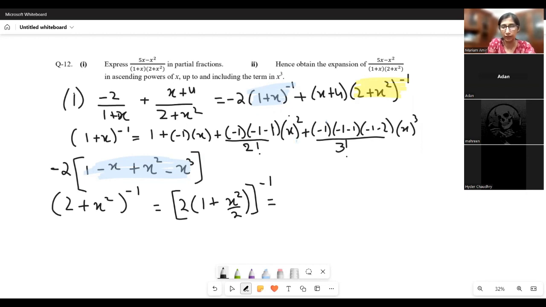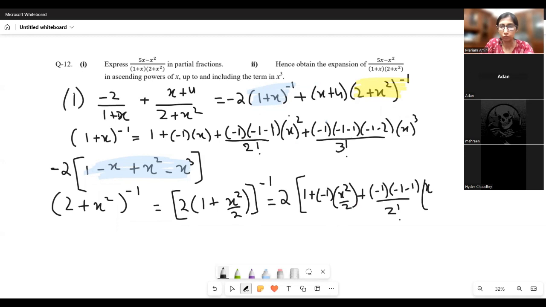Expand this, and we have 2 outside, and we have 1 plus minus 1 times x squared upon 2 plus minus 1 minus 1 minus 1 upon 2 factorial, and then x squared upon 2 whole square. That is bigger than x cubed, so we don't need to go beyond that. This can be ignored.